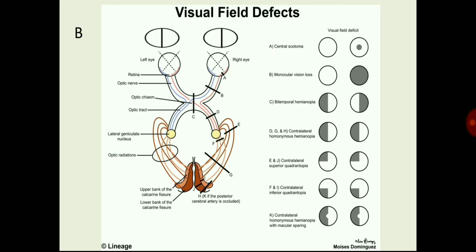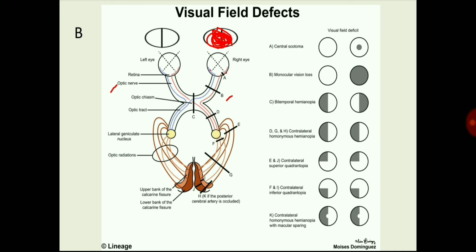Next, look at site B. So what is site B? It is the optic nerve. If there is injury to the optic nerve of one side, it will result in total blindness of the eye of that side. So in this image, if the right eye's optic nerve is damaged, both nasal as well as temporal fibers are damaged.